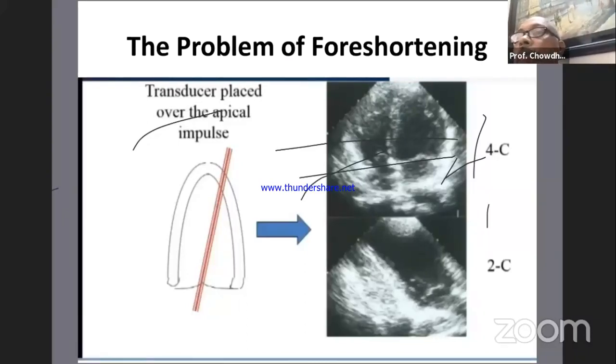Here, the 2-chamber view is inclined to the left, and it's not pointing along the line. So the apex in the 2-chamber should have been here in the same line. And when we can put this in the same line, then we are a little bit sure that we are not doing this foreshortening.